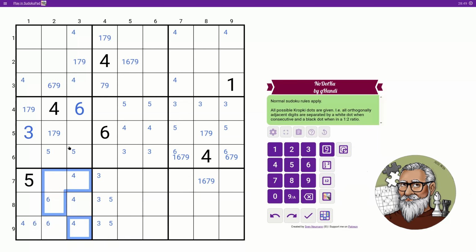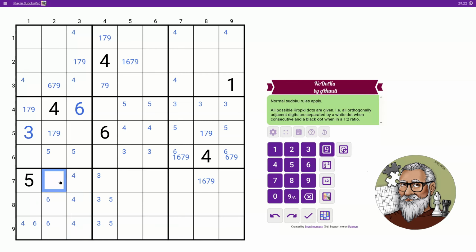Well, this one can't be 3 either. Those two can't be 3, right?